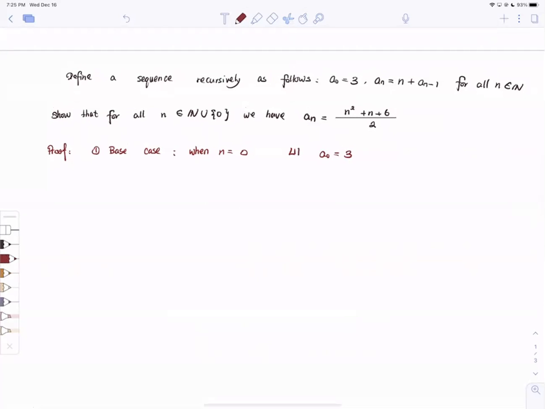Right hand side, we have a_0 equals 0 squared plus 0 plus 6 over 2, which is also 3. Therefore, base case holds. Let me write: left hand side equals right hand side. So base case holds.